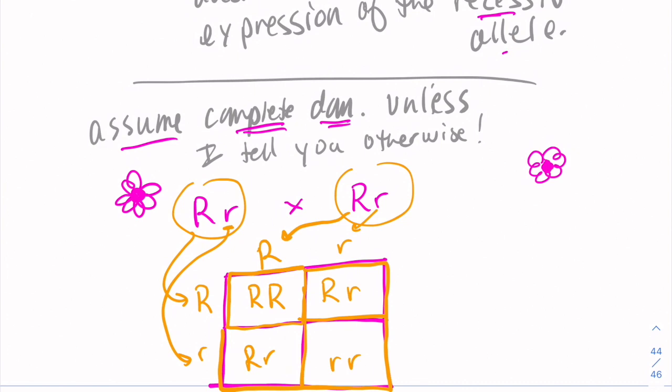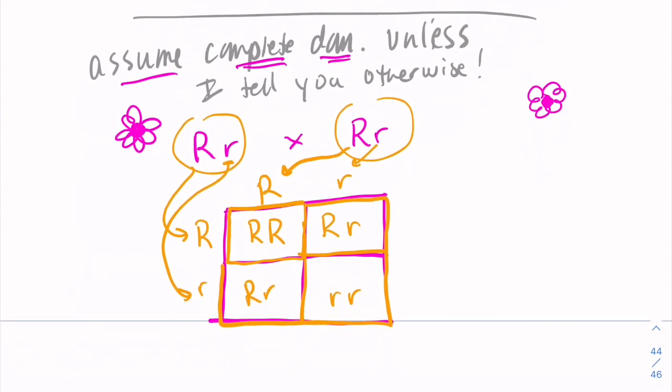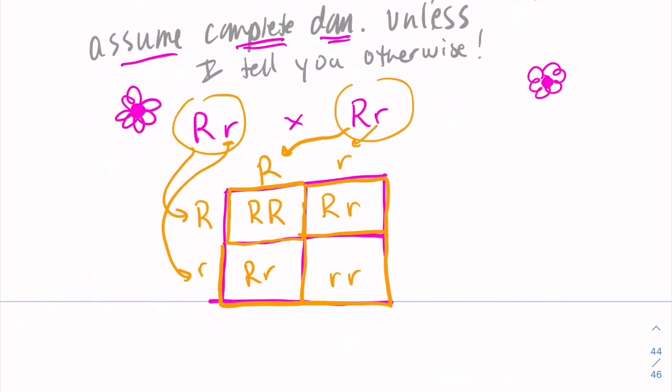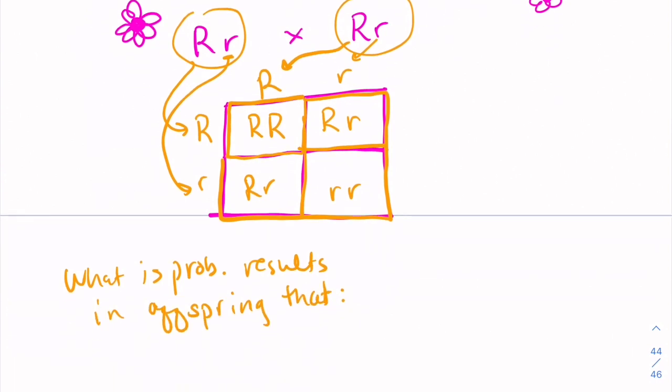So there are several questions that we could ask ourselves, like, what is the probability that this cross results in offspring that are white flowering?